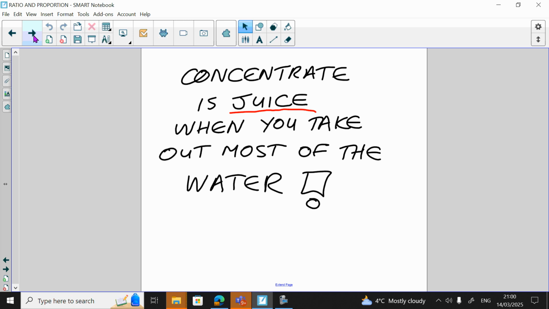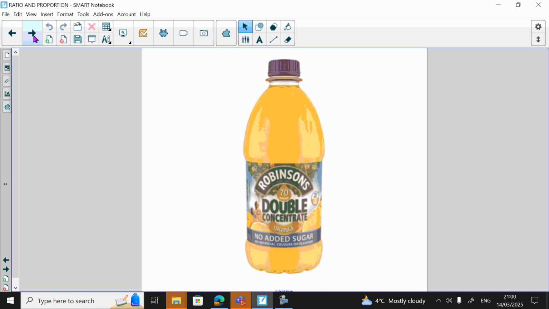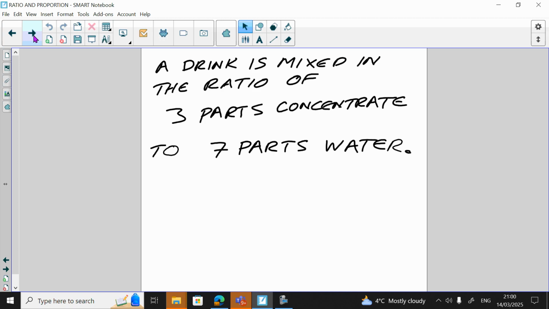So concentrate doesn't mean think hard. You might call that diluting juice. The juice element has been concentrated. Okay. Let's go back to the question.